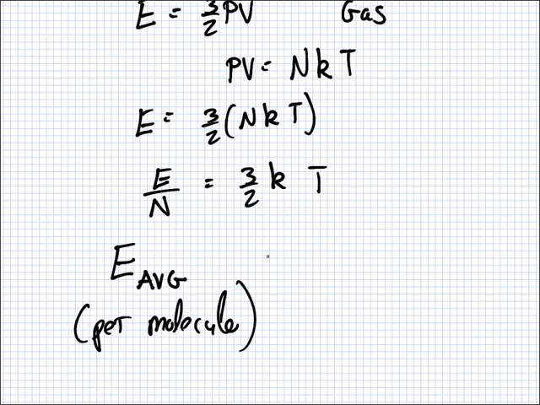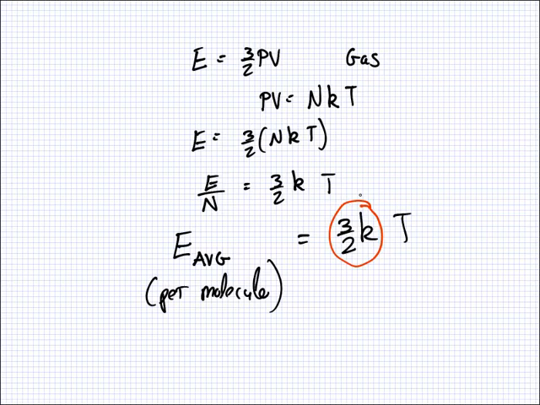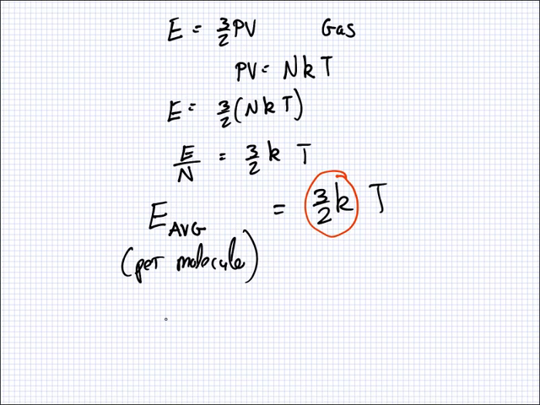Average per molecule, and that's equal to 3 over 2 kT. Now, the 3 over 2 k is actually just a constant, isn't it? Yeah. So you could arrive at this relationship: the average energy per molecule is proportional to the temperature.